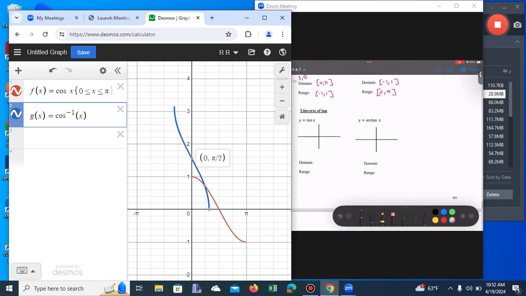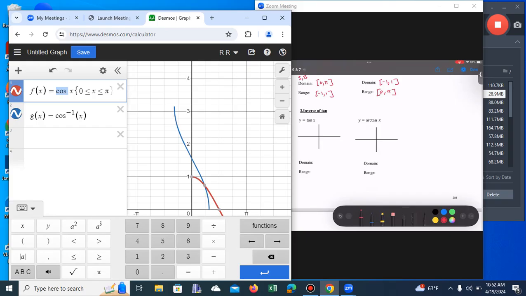We can look at tangent, which is tangent here. And we'll do this from -2 pi to 2 pi to start with.